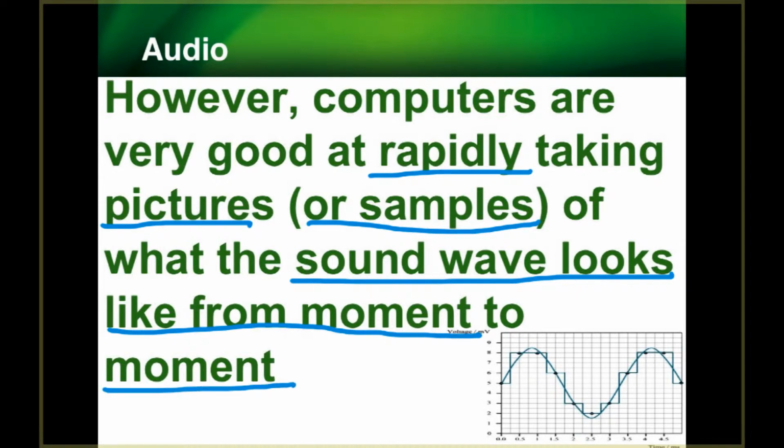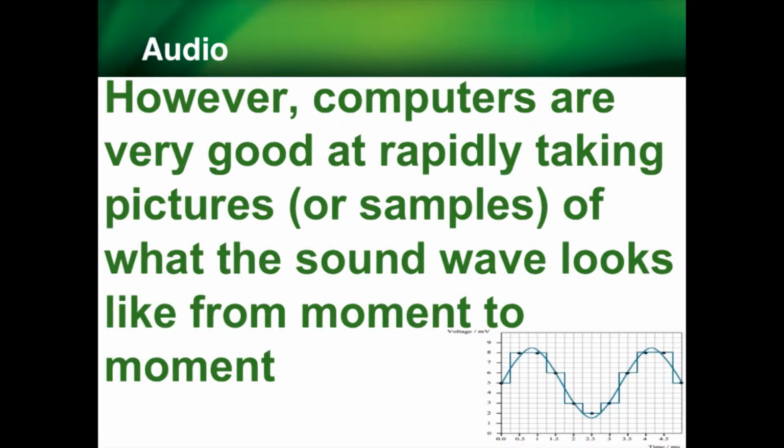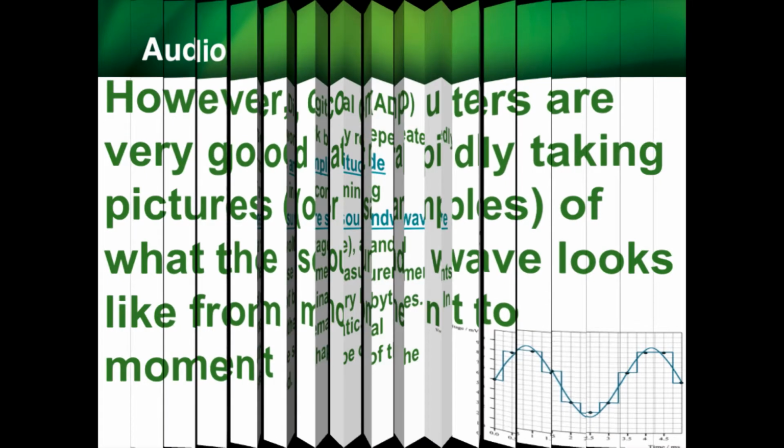So if our wave is moving like this, the computer is really good at taking picture, picture, picture, even more so as it's going along. So it may not be able to have that full wave, but it can plot out those points. And I think you might see where we're going with this.